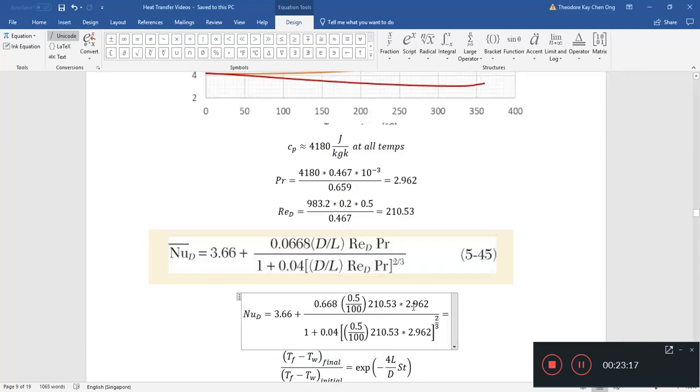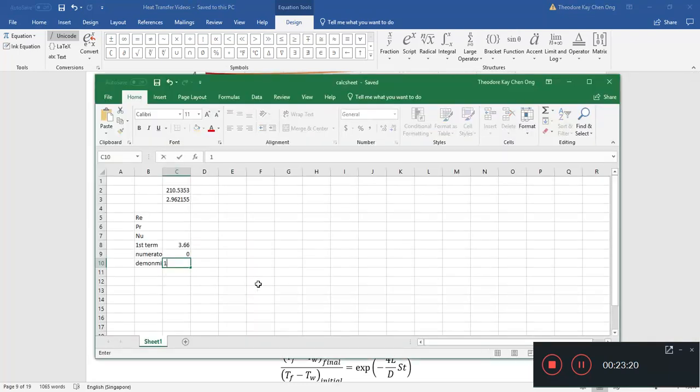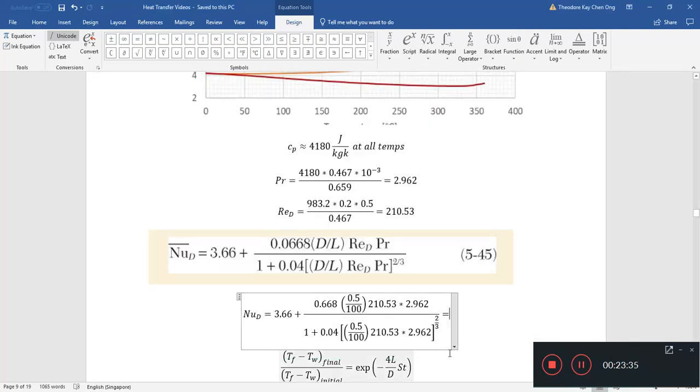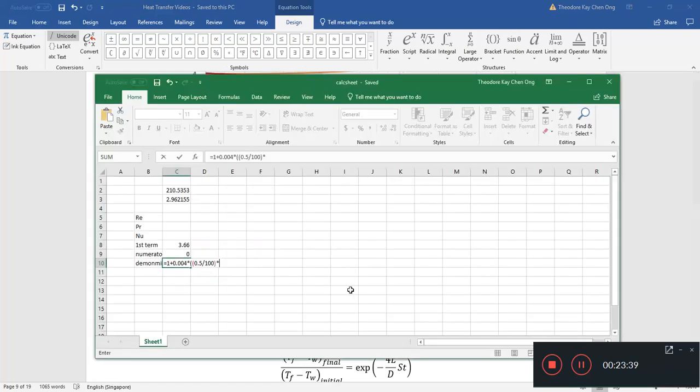So the denominator is 1 plus 0.04 times 0.5 over 100 times the Reynolds number and the Prandtl number again. So this is actually the Peclet number, so I'm just going to use the product of these two.